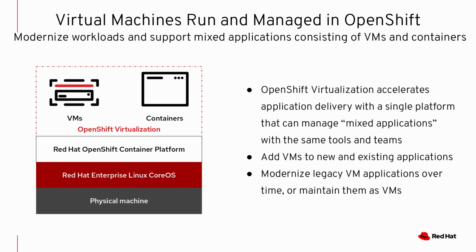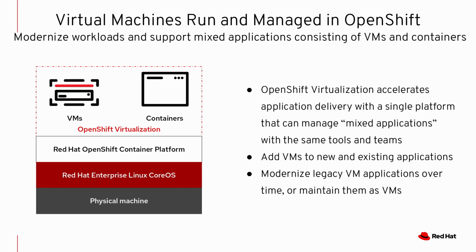So in OpenShift it is possible to deploy not only containerized workloads, but also thanks to the OpenShift virtualization feature, you are able to deploy virtual machines on top of OpenShift.